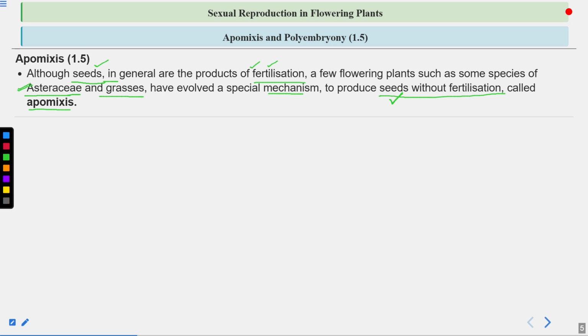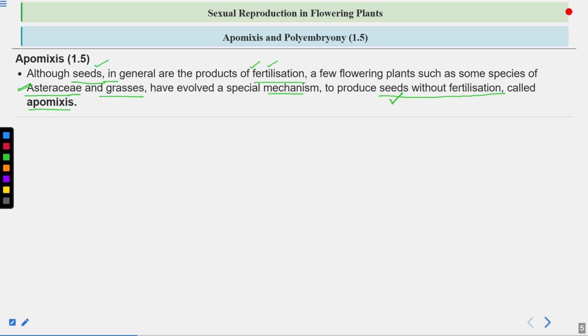And normally there is a double fertilization. After the double fertilization, what happens? They give rise to the embryo and endosperm. This we see in the case of normal sexual reproduction. But in the case of apomixis, there is no double fertilization.